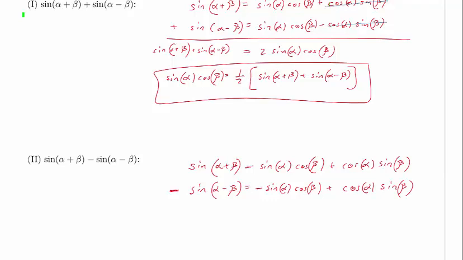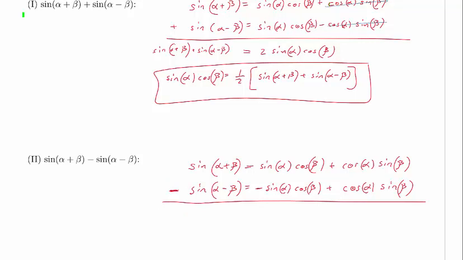And again, we're just writing out the angle difference formula that we came up with earlier. Note that the minus sign is now in the first term instead of the second term like we did before. That's because of this minus sign right there.